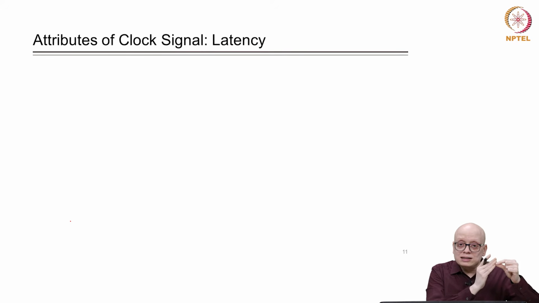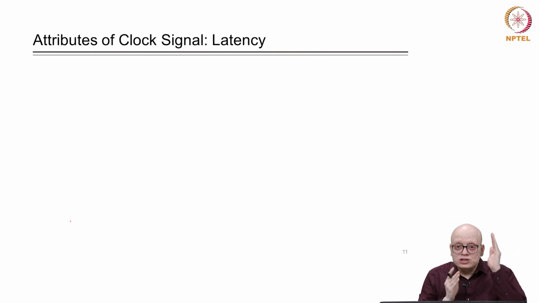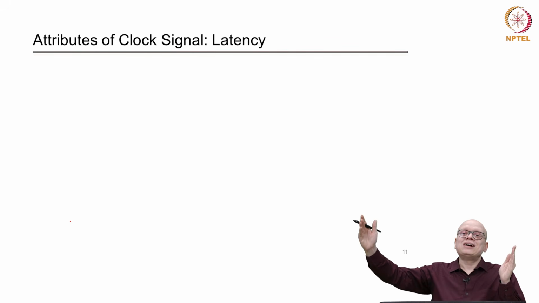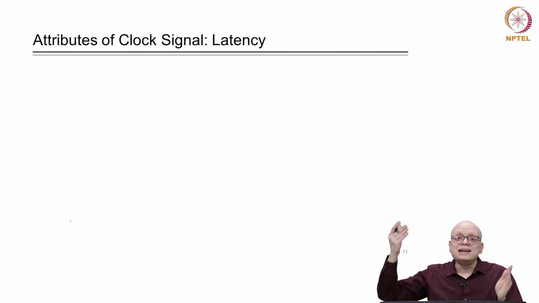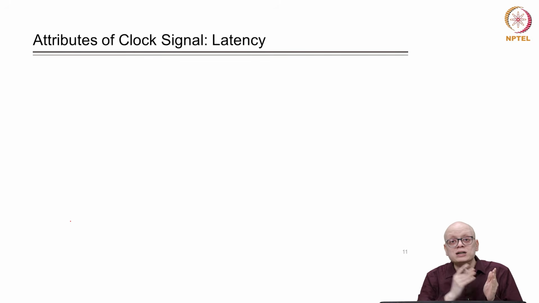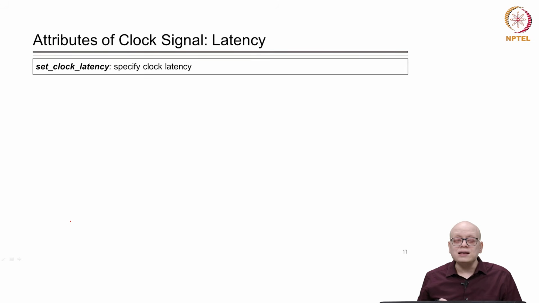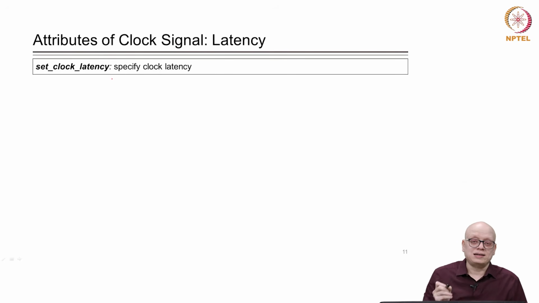So, the clock that is generated at time 0 may reach the flip flops at a later stage, right, and how much that time is, that is basically defining the latency of the clock, right. So, we define the latency that we expect in our design using the command set clock latency, right.